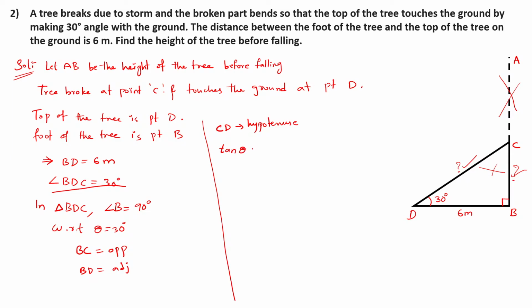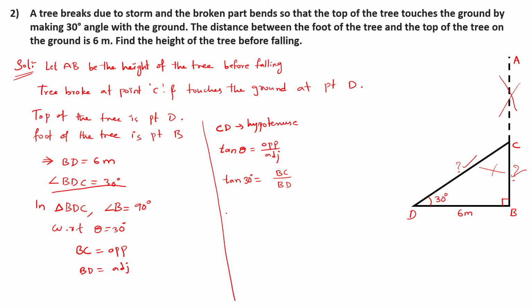So tan theta is equal to opposite side by adjacent side. Now substituting the values, tan theta is equal to opposite side BC by adjacent side BD, and for theta we have tan 30 degrees.